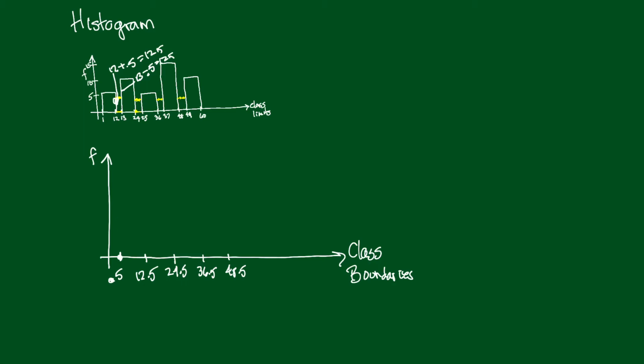And then 60.5. Now, those are the class boundaries. Here's the vertical axis, frequencies. Remember we went up to 15, then a third would be 10, a third would be 5. I need to put those numbers in so I can remember them.